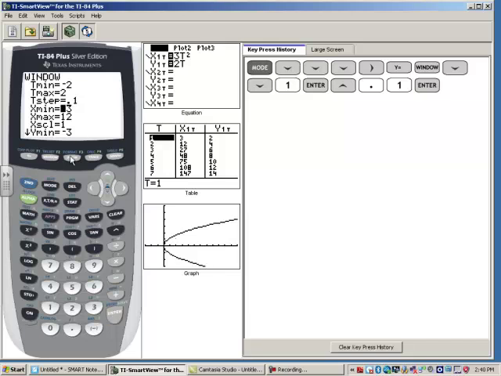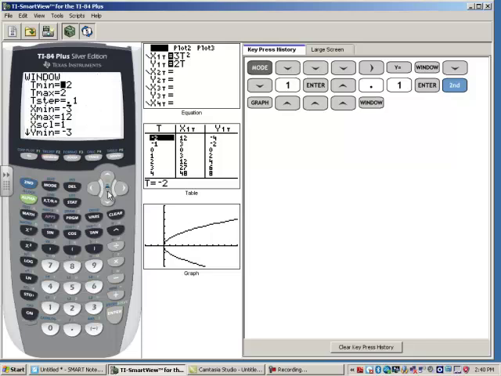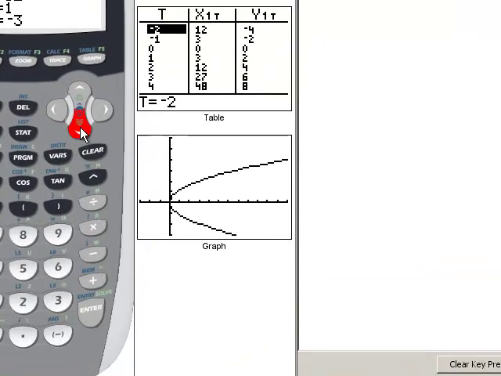Now your X-min, X-max, Y-min, and Y-max you can get from the table. So we can go here to the table and see when t was -2, I need to see out to the right 12 and down -4. And when t is -1, so you can get your left and right X-min, X-max, Y-min, and Y-max by looking at your table here. So that's why I have my window set like it is.